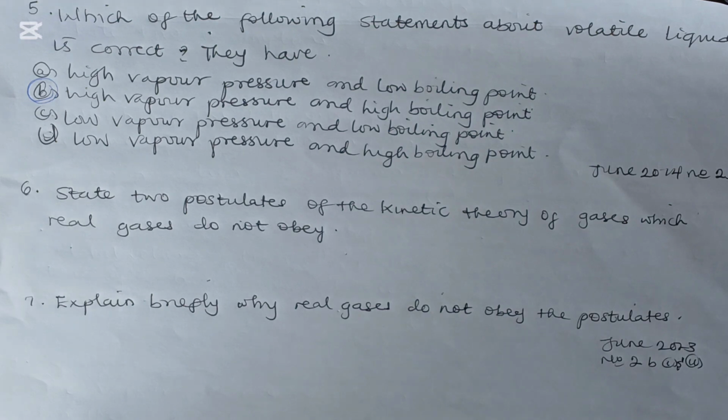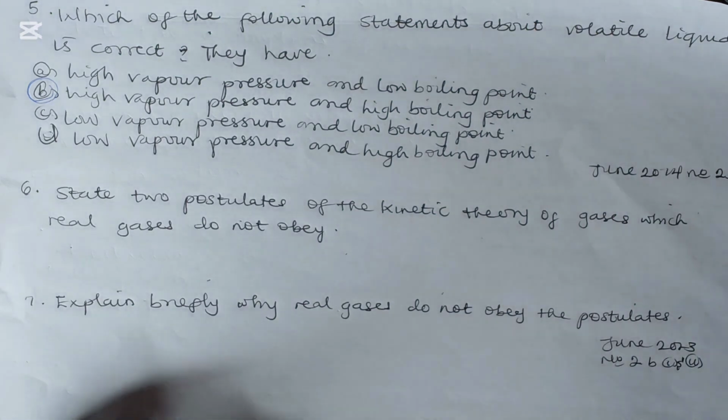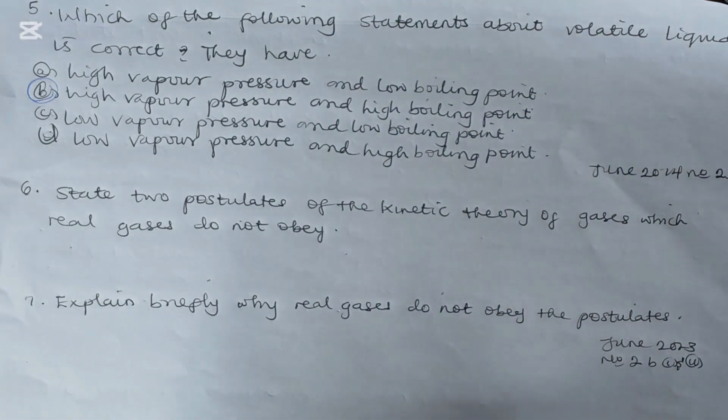And the chemical properties of these ideal gases are postulated by Graham's law of diffusion, whereas the physical properties are postulated by Charles' law, Boyle's law, and Dalton's law of partial pressure.